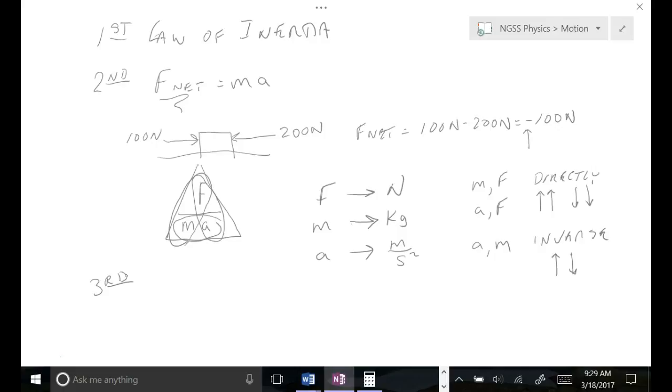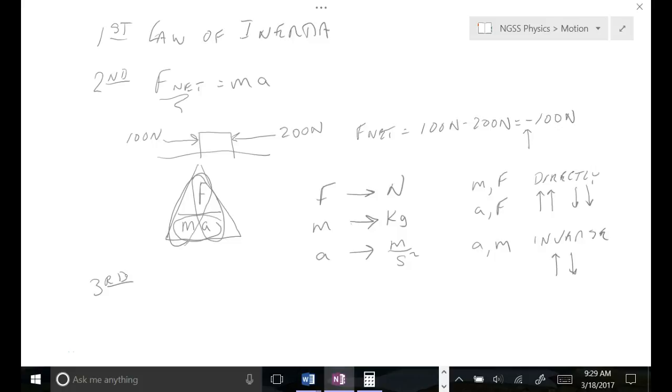Okay? These don't add together to form a net force because they act on different objects. One acts on me and one acts on the floor. So for every action, there's an equal and opposite reaction.